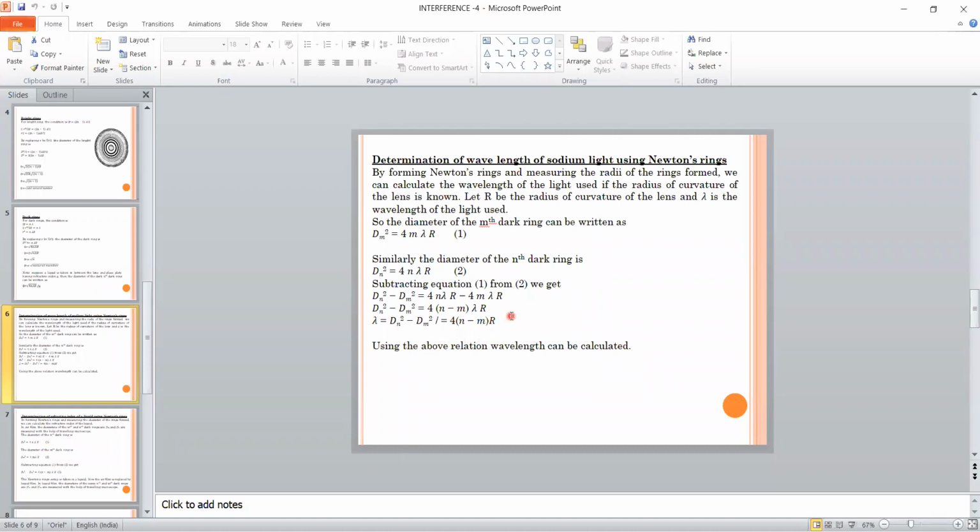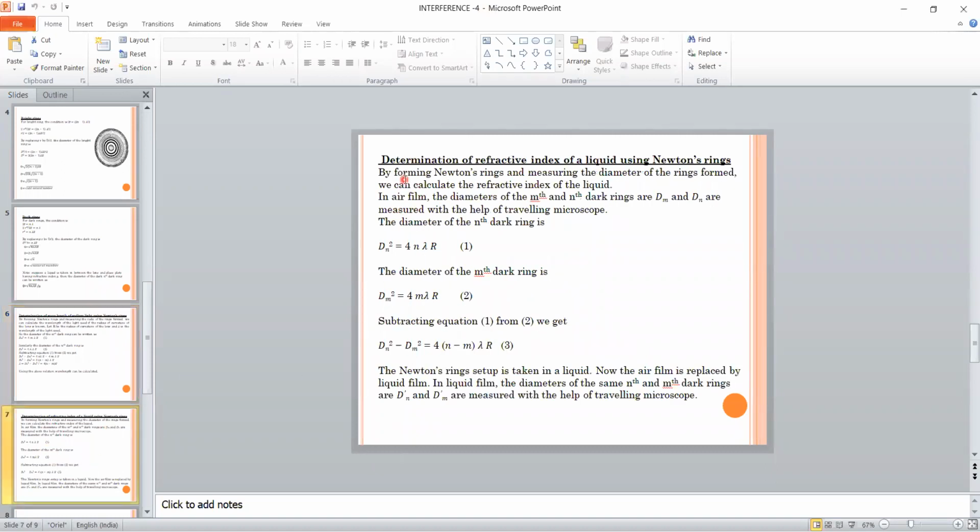Now the last one is the determination of refractive index of a liquid using Newton's rings. Again, we select the same formula: the diameter of the nth dark ring, D n square is equal to 4n lambda r. The diameter of the mth dark ring, D m square is equal to 4m lambda r.